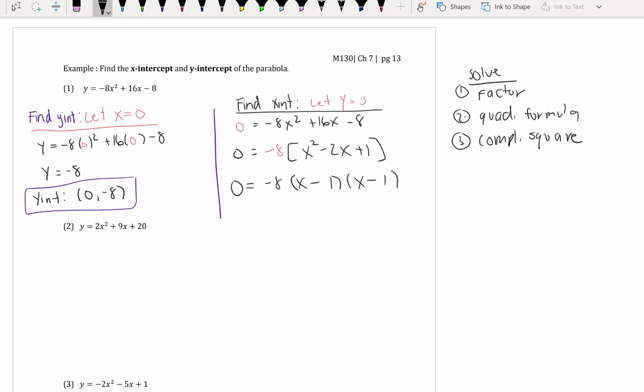So now, if I set each thing equal to 0, well, negative 8 is equal to 0. That doesn't work. x minus 1 is equal to 0, so x is equal to a positive 1. So that tells me that the x-intercept is going to be 1, 0.